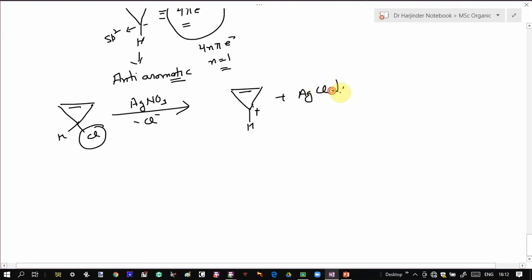So this will get precipitated and we get an aromatic cation. So it undergoes an SN1 substitution reaction. Here it can undergo a reaction with a nucleophile. So this can undergo an SN1 substitution reaction, and chlorine can be replaced by another nucleophile, as it can be easily lost as a negative ion.